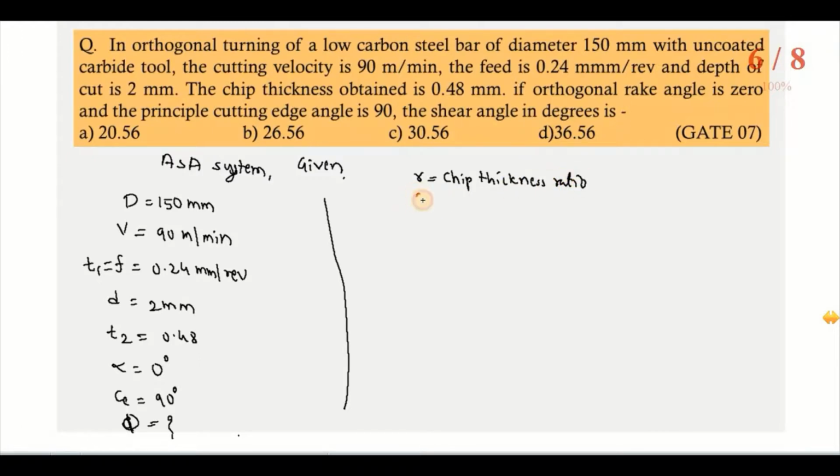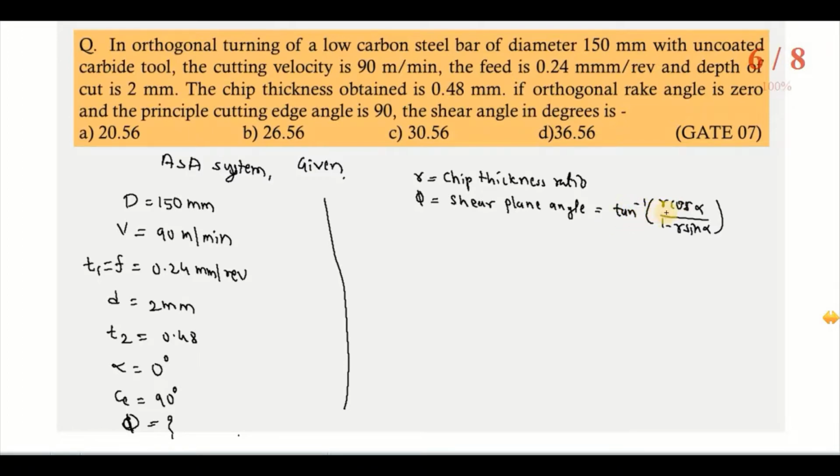Based on that chip thickness ratio, we want to find out the shear plane angle, which is given by the relation tan inverse of r cos alpha upon 1 minus r sin alpha. The derivation is given in the description box. You can check how we find this value.